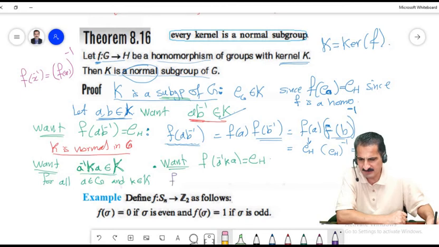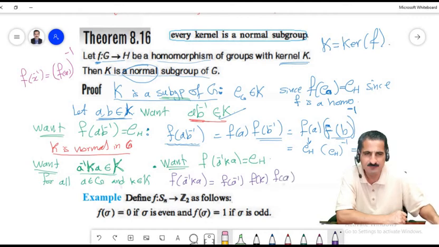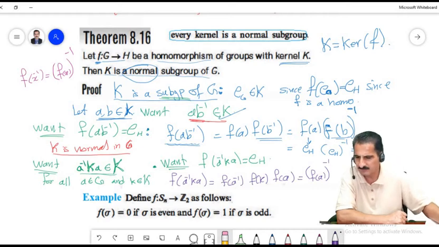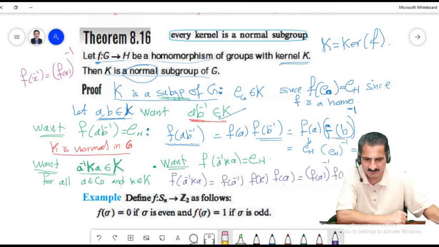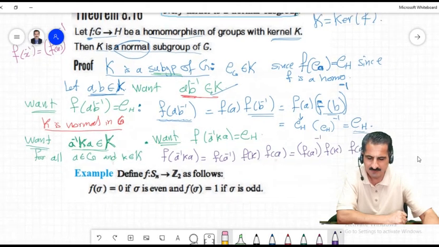Now let's see. We have f to be a homomorphism, and that will help us a lot. So this is f of a inverse, f of k, and f of a. So we distributed f over all these elements, but we know also that f of a inverse is the same as f of a inverse, and this is f of k, and this is f of a. Now we want the result to be the identity.